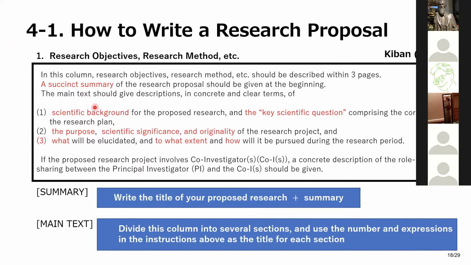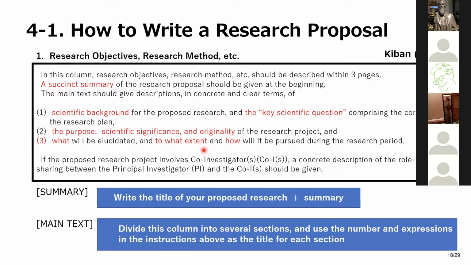You can see that some descriptions actually correspond with the evaluation elements in the assessment criteria, such as key scientific question and significance, and originality, and research method and plan here.